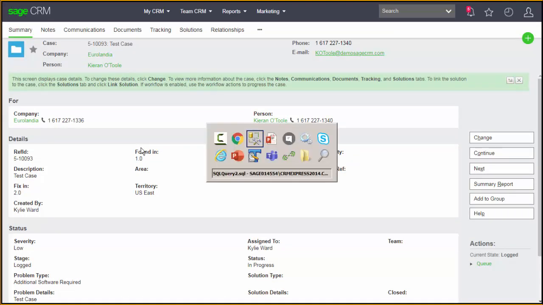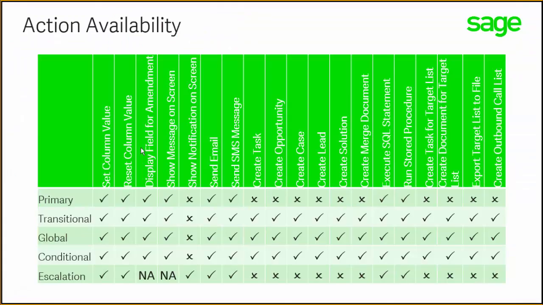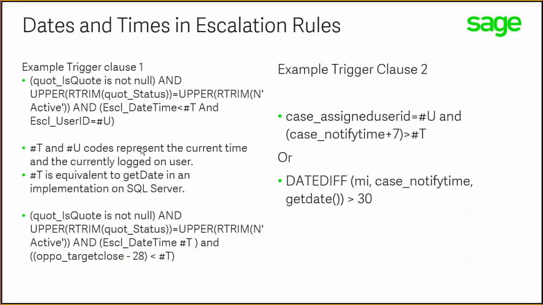Okay, so we've gone through and we have defined the escalation rule. I used here the very simple way of checking in my escalation rule the idea of notification time is less than the current time, which is fine.